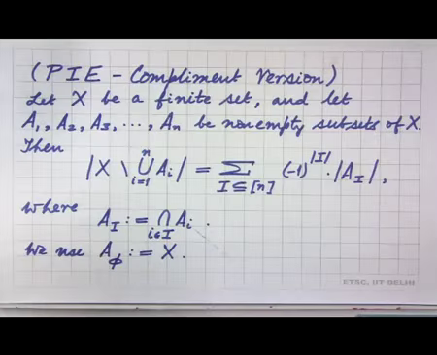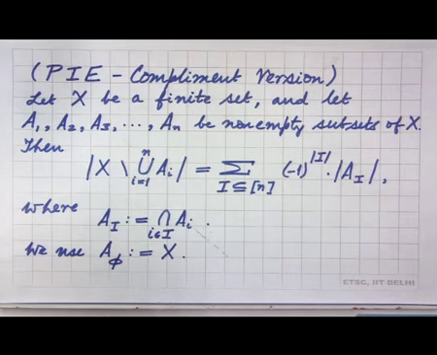So let's just take for granted that corresponding to I equal to the empty set in that summation on the right, the term is minus 1 to the power of number of elements in the empty set, which is 0, and therefore plus 1, multiplied by the size of a sub empty set, which is the size of the set X. And you might remember that the complement version of both 2 sets and 3 sets began that way.